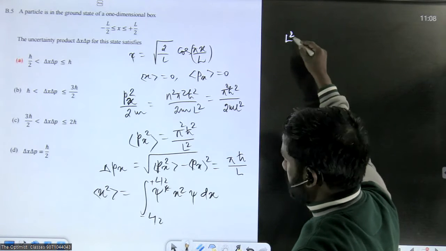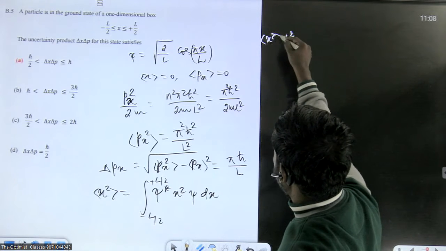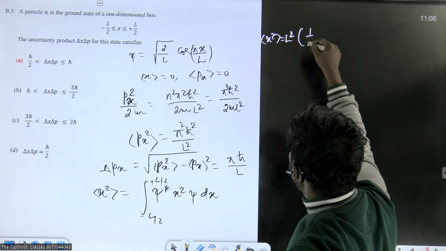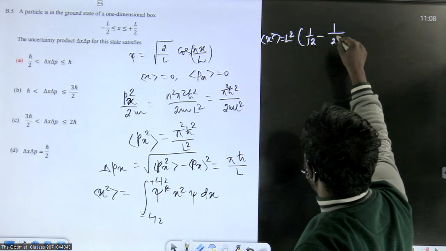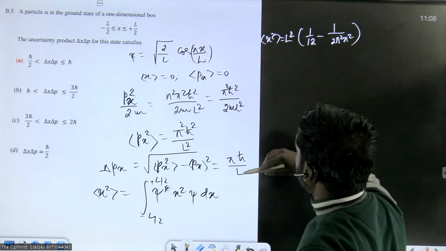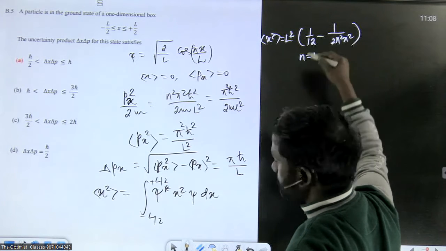If you calculate, x square average comes out to be L square times (1 by 12 minus 1 by 2 n square pi square). This is what you get, x square. So for ground state, we'll put n equal to 1.